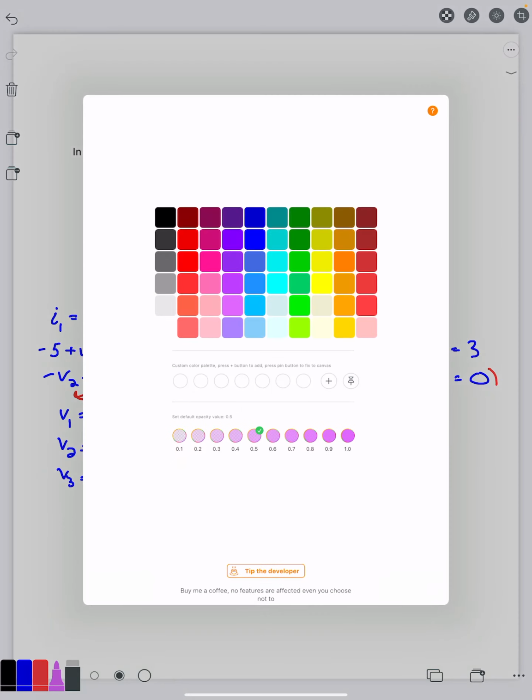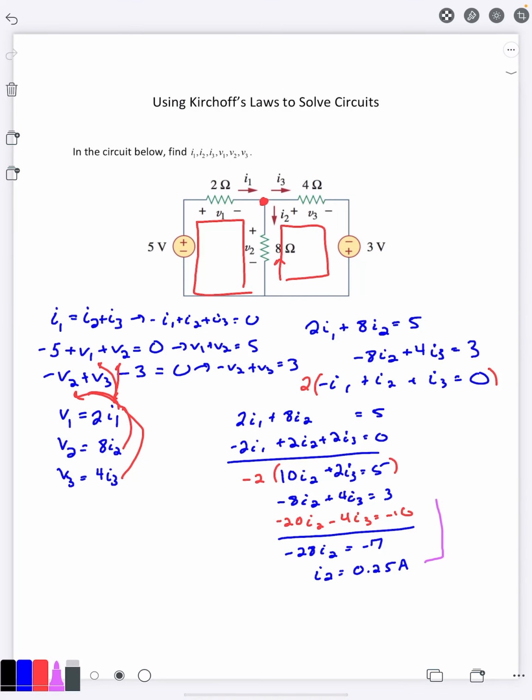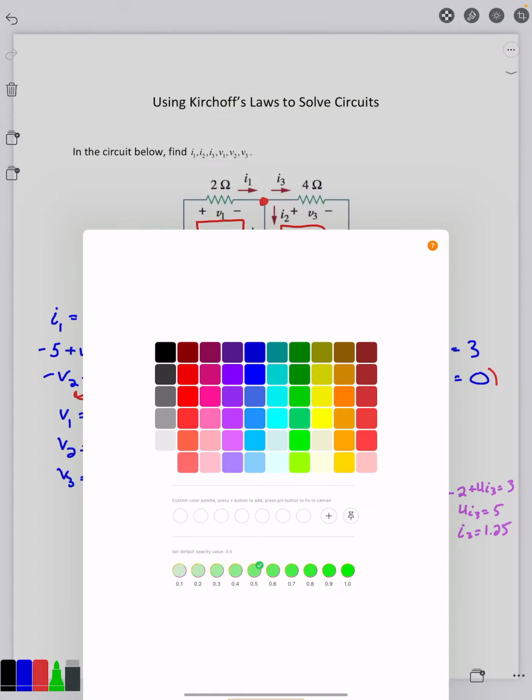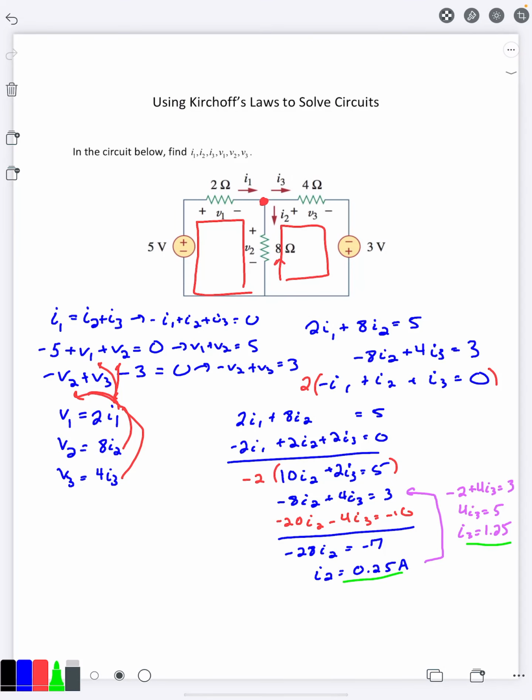Then I can go back and figure out my other variables here. If I plug it in, say right here, negative 8I2 is negative 2, plus 4I3 is 3, so 4I3 is 5, I3 is 1.25. And then we plug both of those back in, say in this one, negative I1 plus I2 plus I3 is 0.